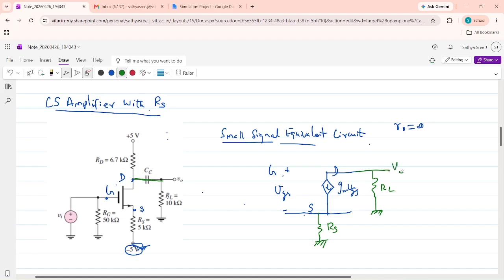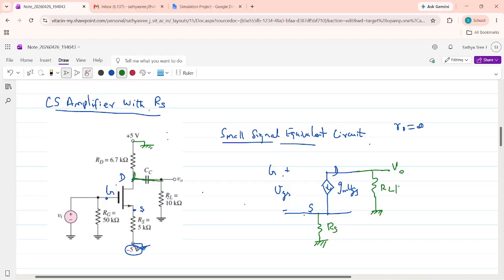This is V0. Now seeing here, there is another resistance RD. The other end of RD is connected to here. In the DC model it is plus 5 volt. While drawing the small signal model it has to be connected to ground. So there is the other RD from this drain to ground, which will come in parallel with this RL.